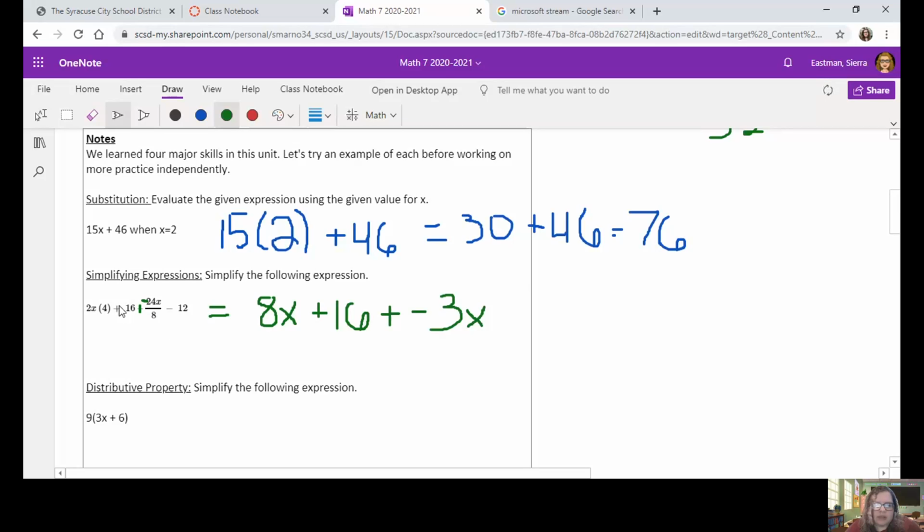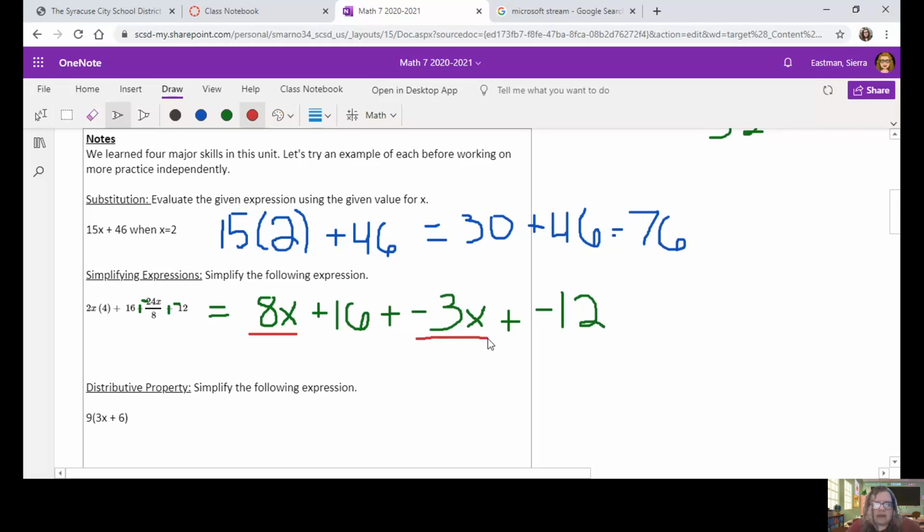And just like I did with the 16, the 12 right now, it's still by itself. I'm actually going to leave that alone, except I'm going to change the subtraction to a plus negative using my leave change rule. Now it looks more like the one that we did before. So now we can go ahead and find those like terms to combine.